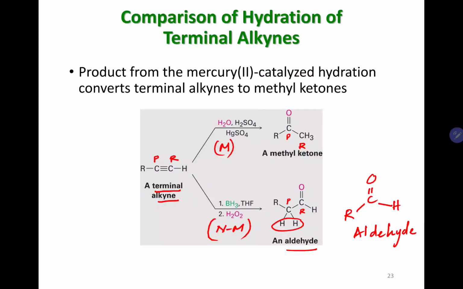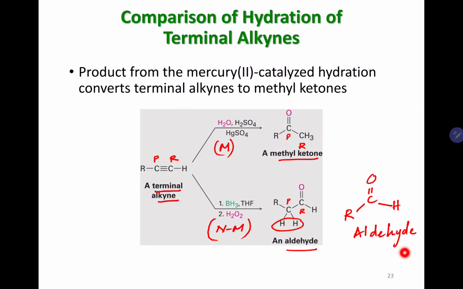That is the difference, guys. So if you have a terminal alkyne, mercury(II) catalyzed hydration will give you a methyl ketone, and hydroboration will give you an aldehyde.